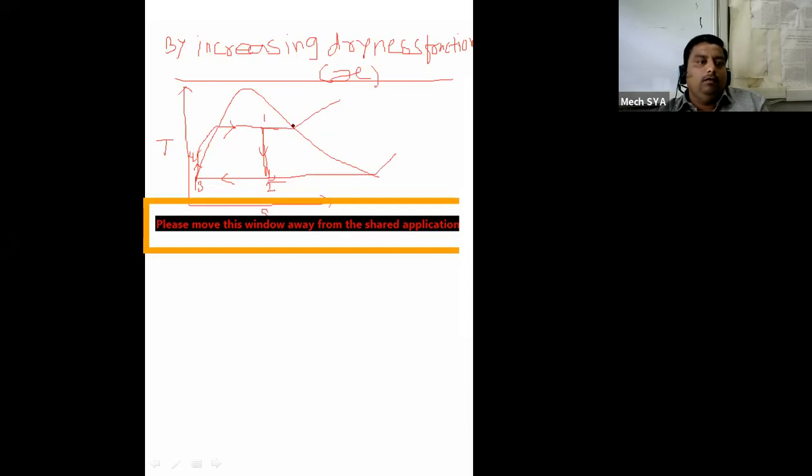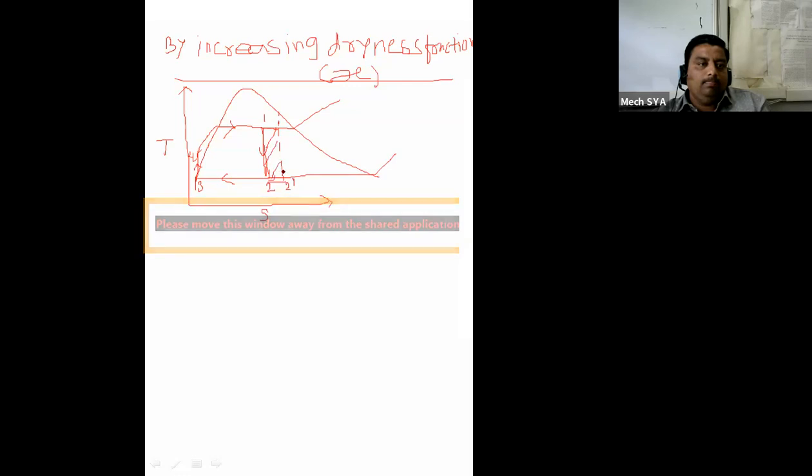So this is a dry saturated steam where x is equal to 1. But here if you increase the drainage fraction, we get 1 dash. Now if the dryness fraction x increases, what will happen?